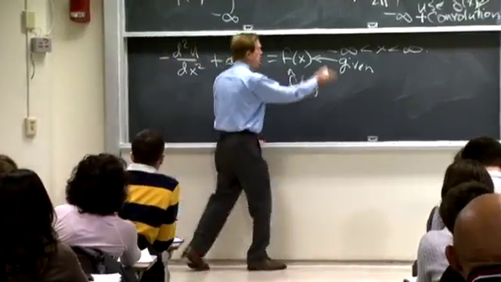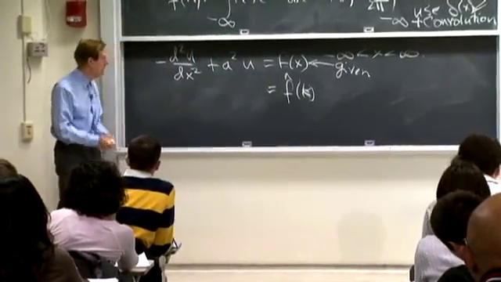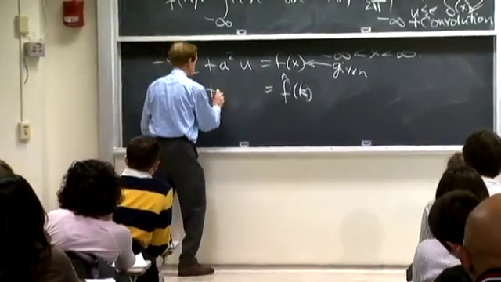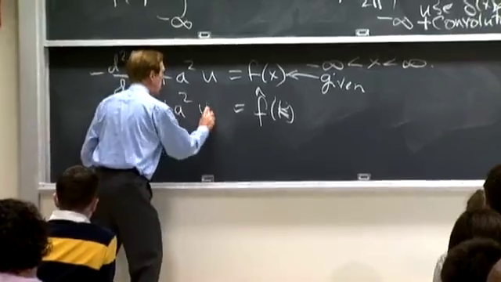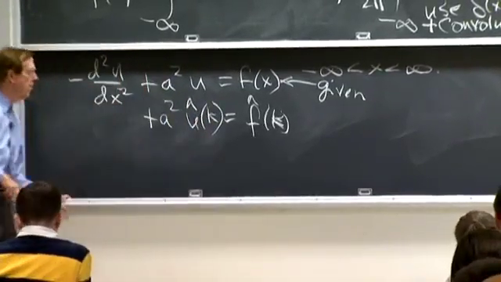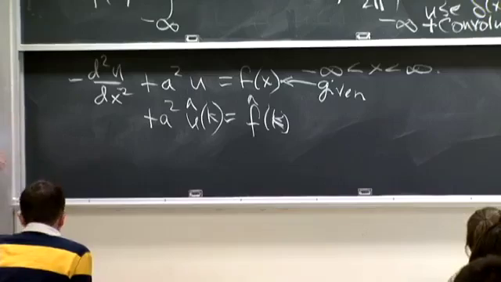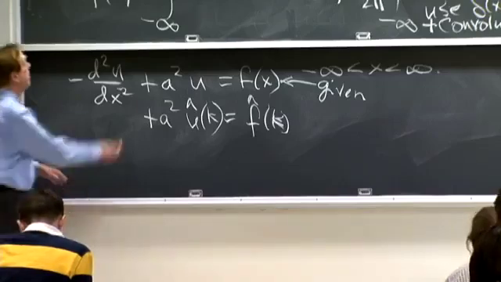And here our boundary conditions are nice. They just go to 0 fast. Okay, so the transform of this, that's a constant, u hat of k. And what's the transform of that? So this is our chance to use probably the most important rule for Fourier integrals.